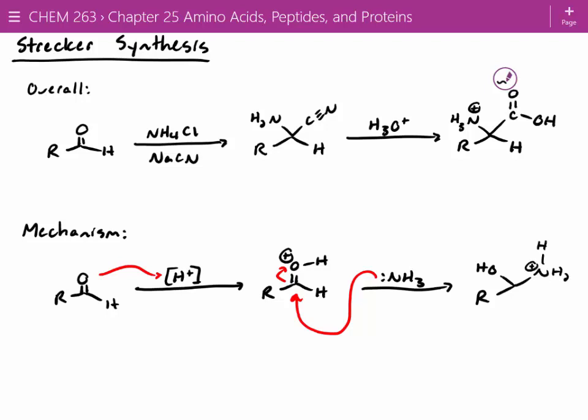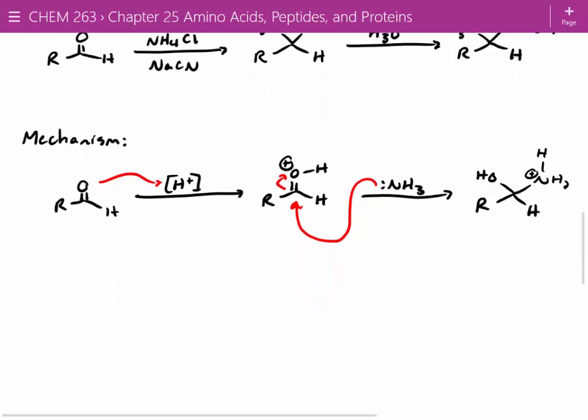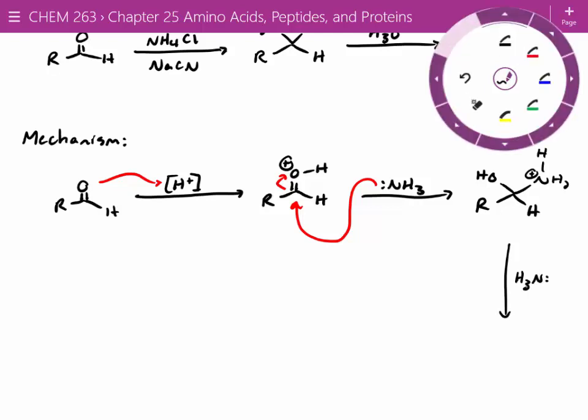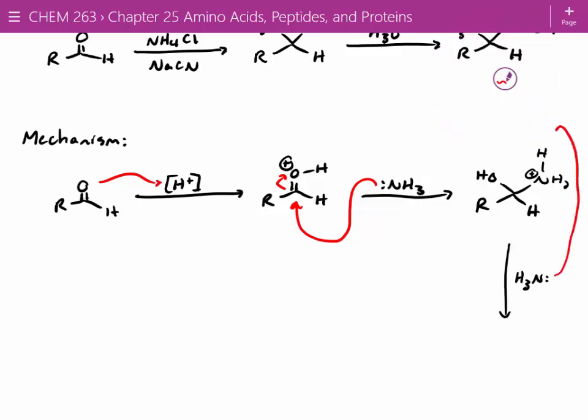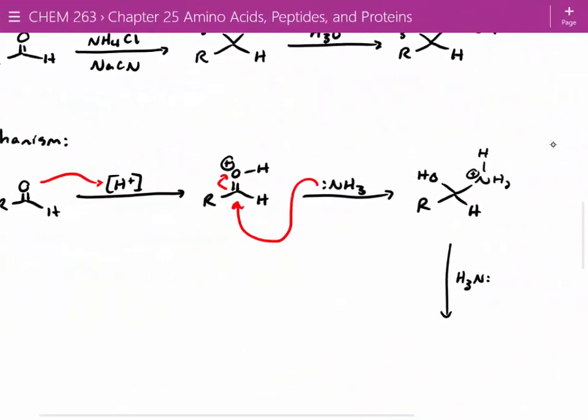And we get our ammonium here and our hydrogen down there. Now if we have more ammonia around, what will happen? Yeah, just deprotonate your amine.